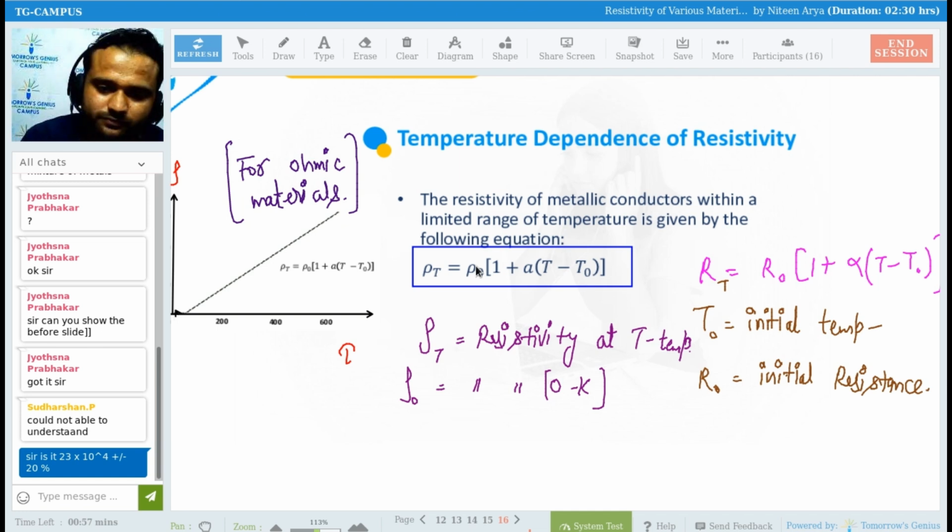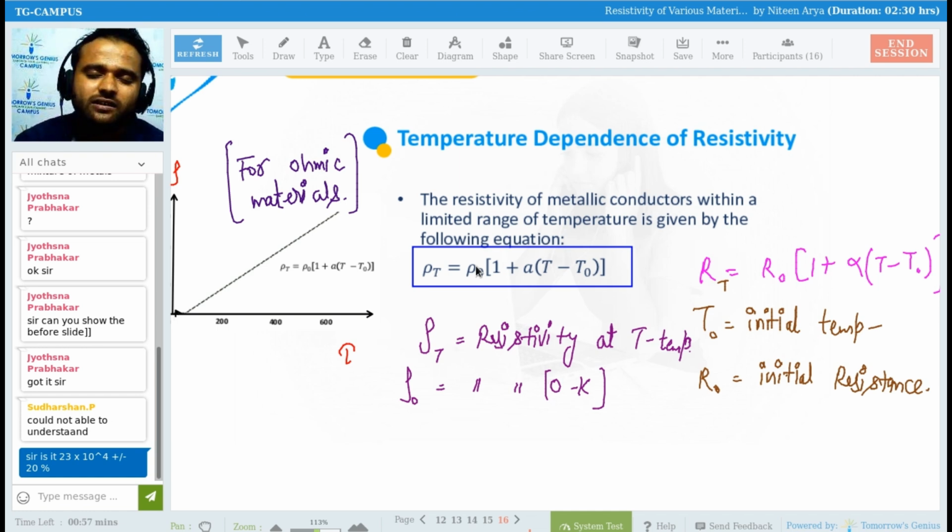Where does it come from? In the previous lecture, I told you the resistivity of a material is inversely proportional to the relaxation time, where relaxation time is nothing but lambda by Vrms, where lambda is the mean free path and Vrms is the root mean square velocity of the moving electron or charged particle. This Vrms increases with temperature as the mean free path decreases.